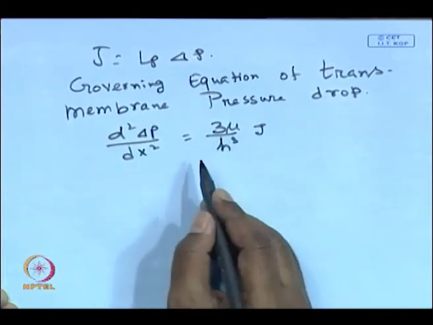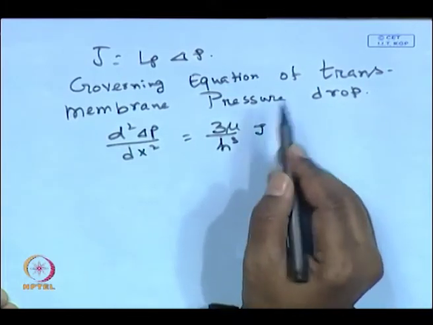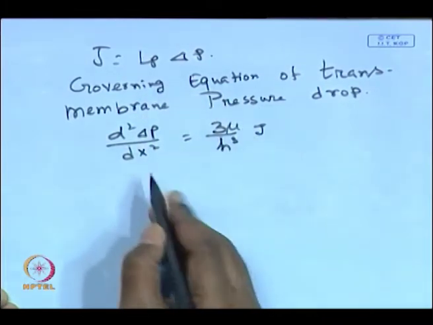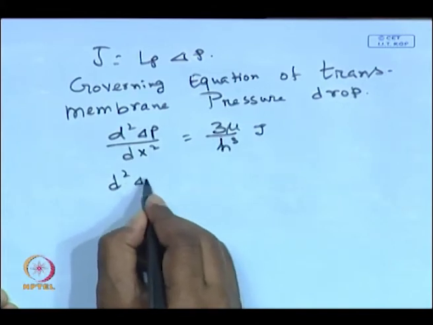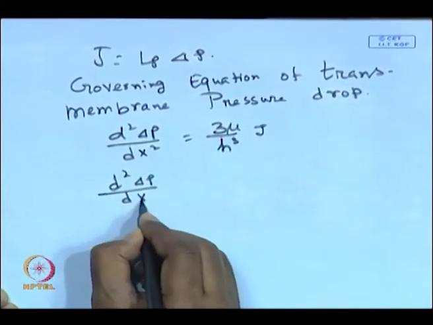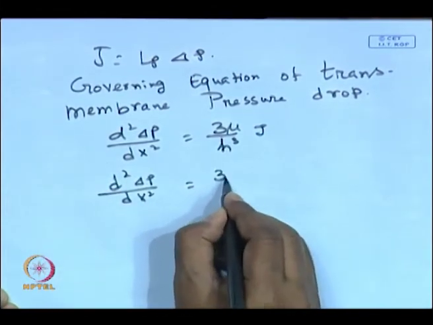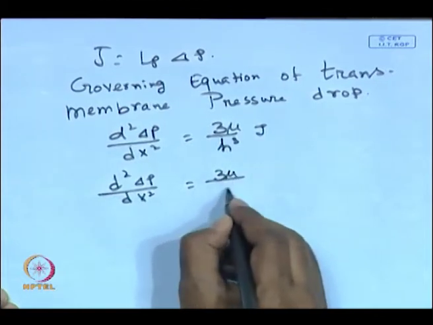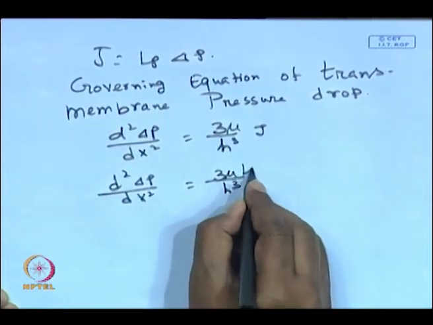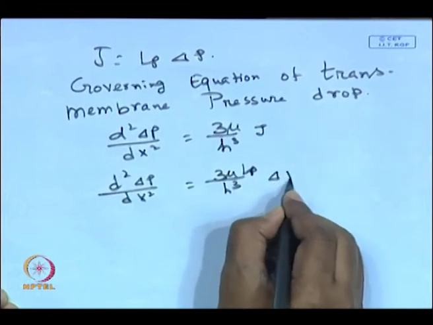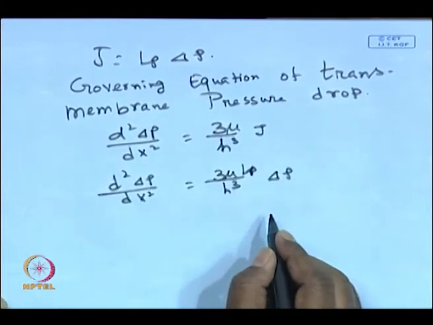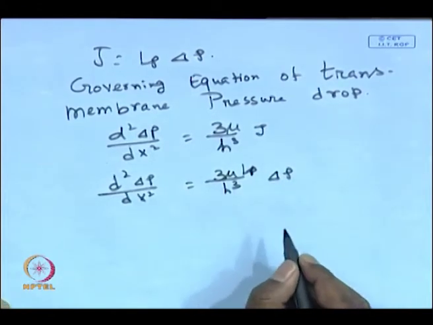I'm just taking up the expression. Now we are putting J equal to Lp del P. So this becomes d square delta p dx square is equal to 3 mu by h cube Lp delta p. Lp is nothing but the membrane permeability.